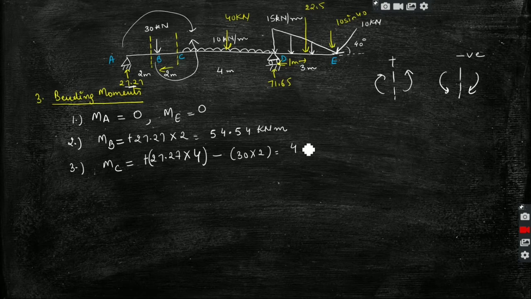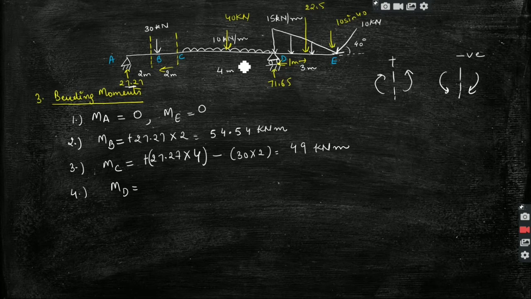Next is the moment at D, right? One way of solving the moment at D is that we keep going in the same direction. So I will solve it that way. I will take the section here, just on the left hand side, and take all the forces.